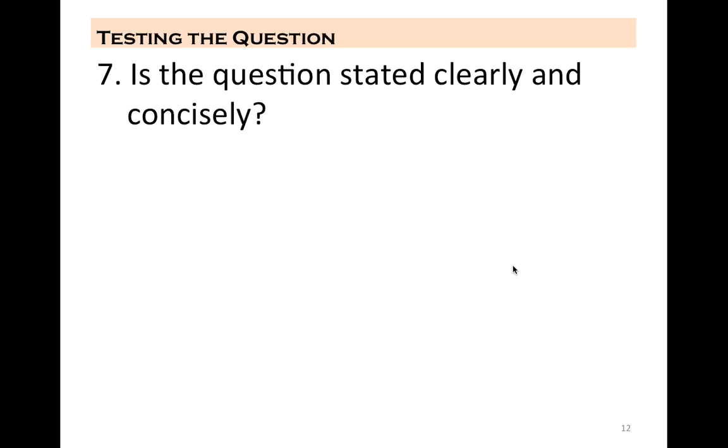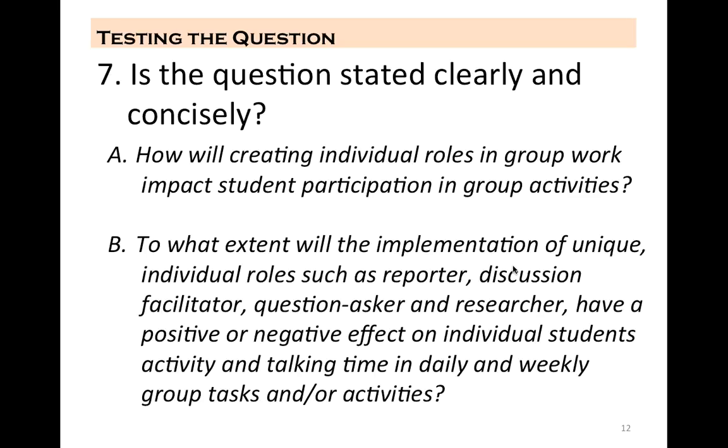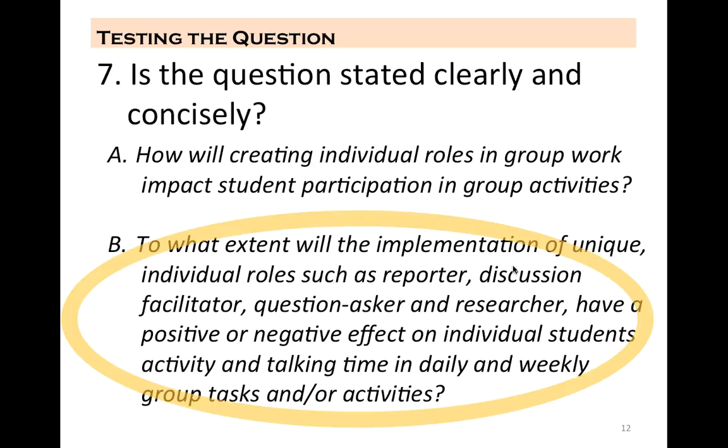And lastly, number 7, is the question stated clearly and concisely? Answer B. To what extent will the implementation of unique individual roles such as reporter, discussion facilitator, question asker, and researcher have a positive or negative effect on individual students' activity and talking time in daily and weekly group tasks and/or activities?